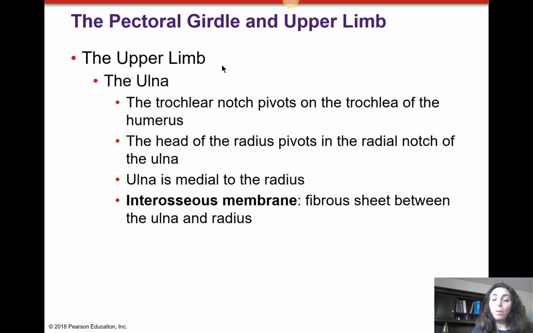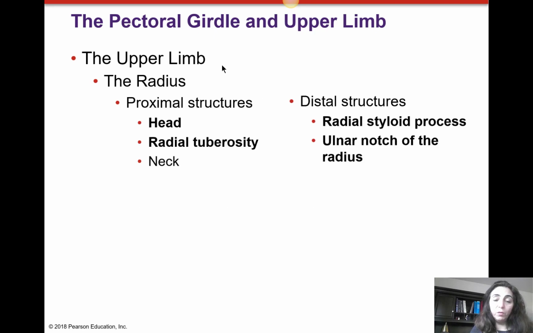Osseous means bone. Interosseous means between bones. A membrane that is located between two bones. That's a fibrous sheet, meaning fibrous connective tissue. You remember? Dense connective tissue between the ulna and radius. We go to the picture and you will see how there is a membrane between these two.